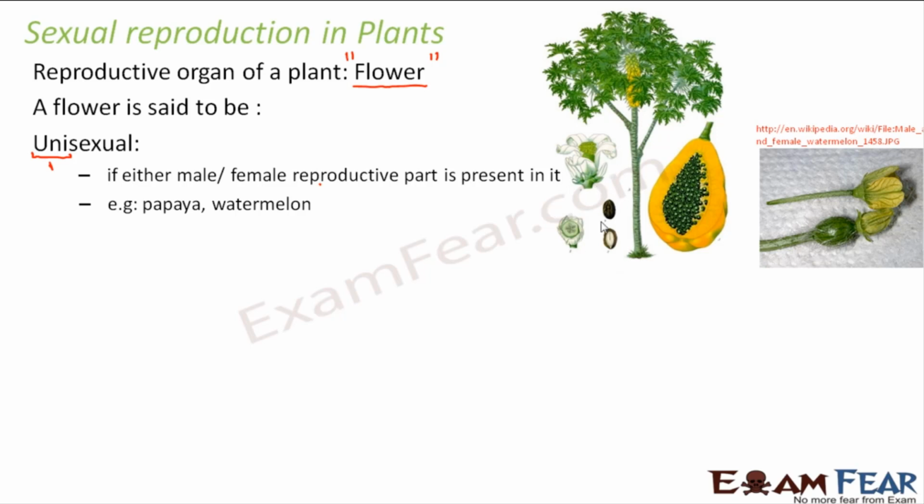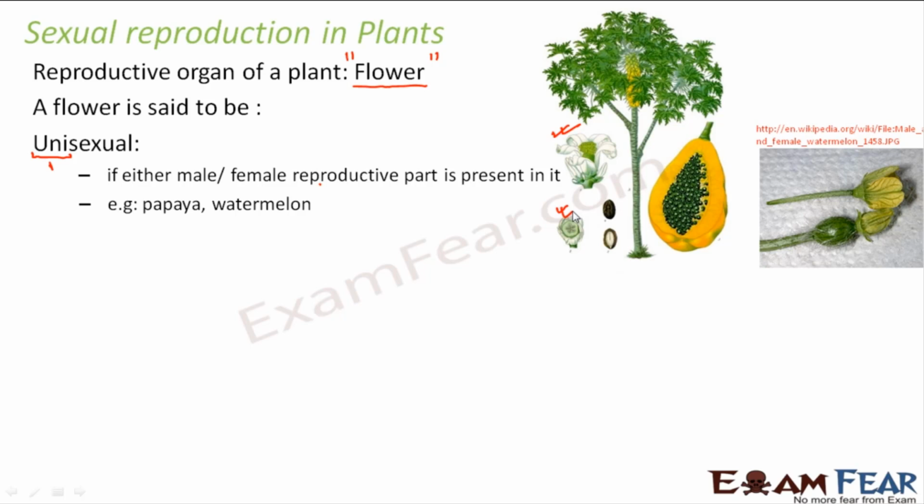These kinds of flowers are seen in those trees. There are two types of flowers: one is a male flower, one is a female flower. The male flower will contain only the male reproductive part, and the female flower will contain only the female reproductive part. Both of them have a different appearance. They do not look exactly the same.